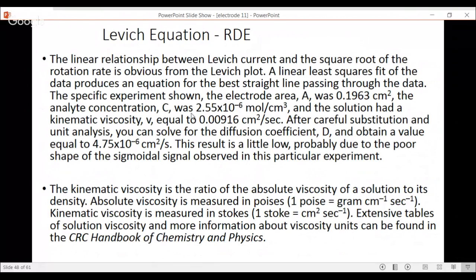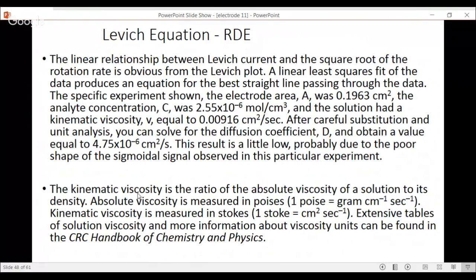The solution had a kinematic viscosity of 0.00916 centimeter square per second. After careful substitution and unit analysis, you can solve for the diffusion coefficient D and obtain a value equal to 4.75 times 10 to the minus 6 centimeter square per second. This result is a little low, probably due to the poor shape of the sigmoidal signal observed in this particular experiment.